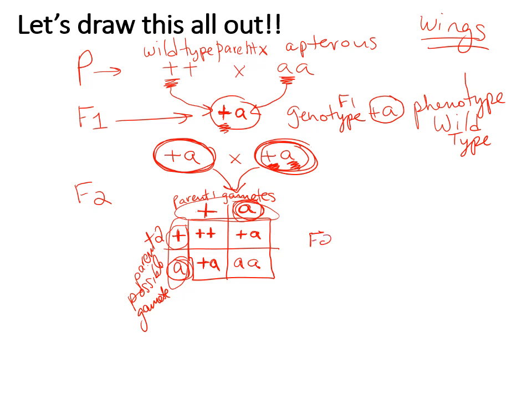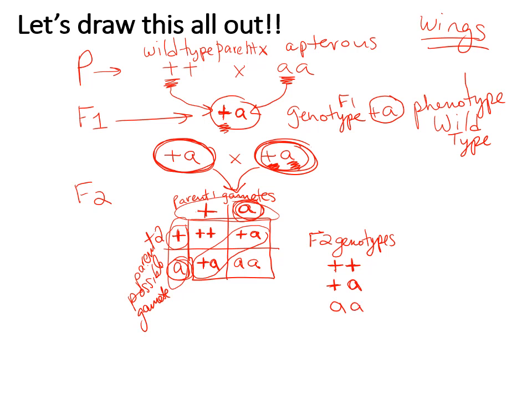Okay, so our F2, you notice that there are 4 offspring in that Punnett square. So the F2 genotypes, we're going to write first. You notice the first square had plus mark and plus mark. Both of these middle two had plus A. And then the last option was AA.